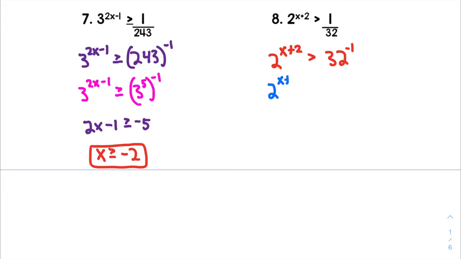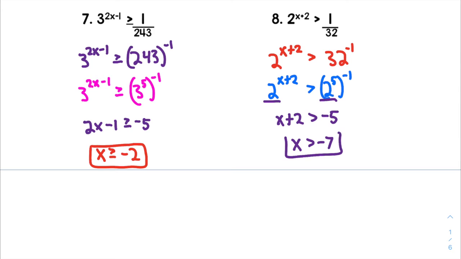So we'll have 2 to the x plus 2 is greater than 2 to the 5th to the negative first power. Since we now have the same base on both sides, we'll set the left exponent, x plus 2, greater than negative 5, and subtracting 2 on both sides will give us our solution, x is greater than negative 7.